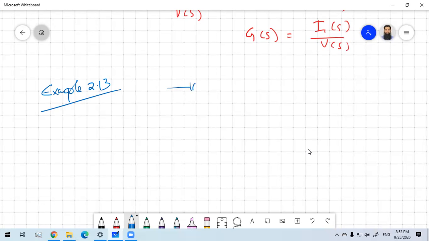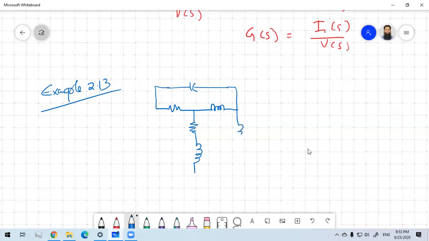So they are giving this capacitor, this resistor, then you have an inductor, then a resistor again, then an inductor. Here as well you have another inductor. And this is my voltage source.